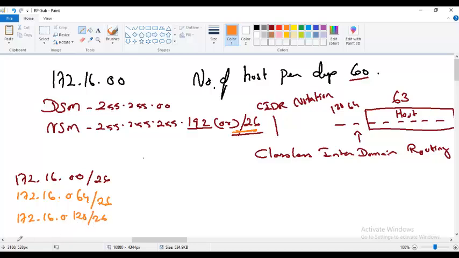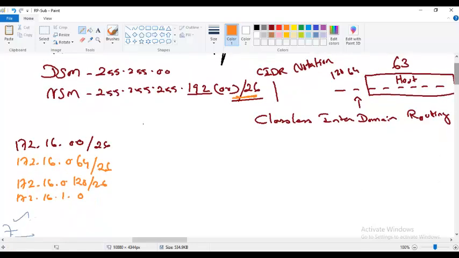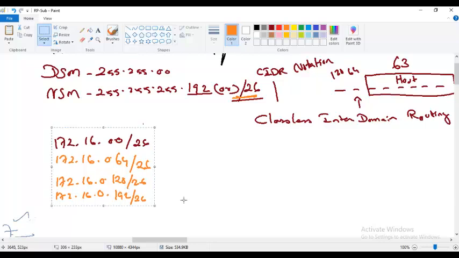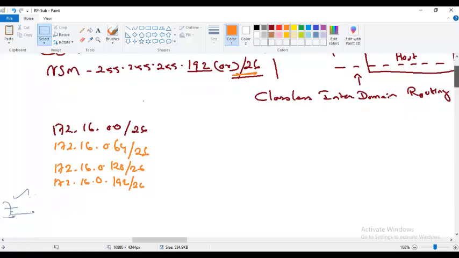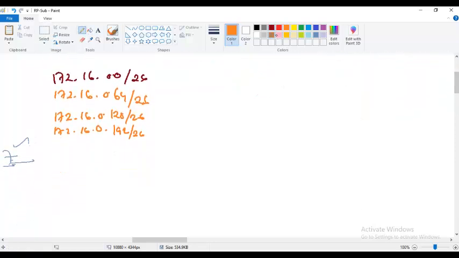172.16. What a smart Priya. 0.192. /26. Okay, we wrote first 3, we can easily write with this, right? Now let's go to last 3. 172.16.255.192 we don't use.